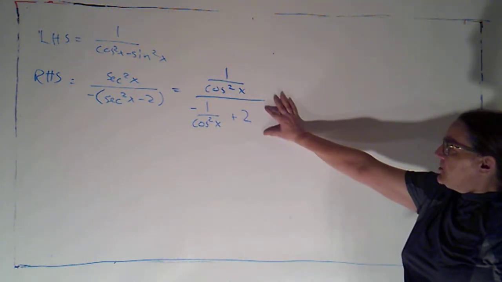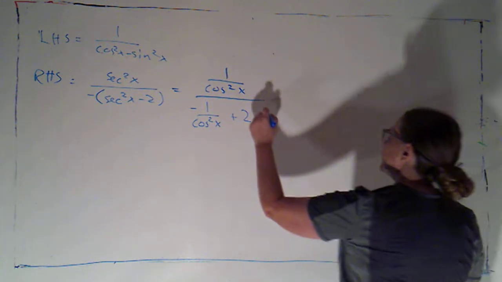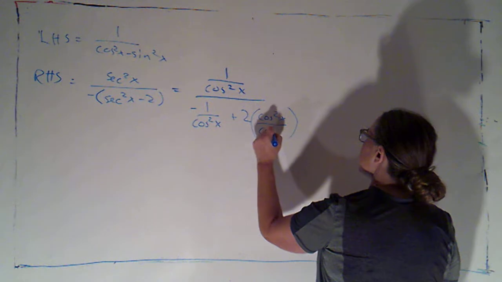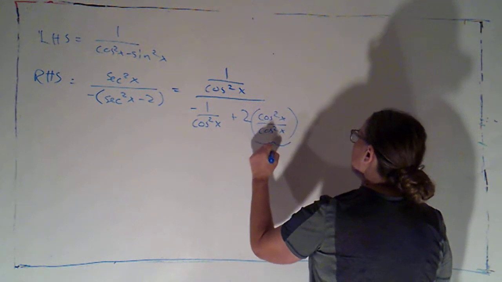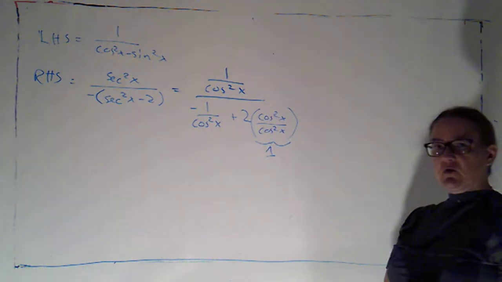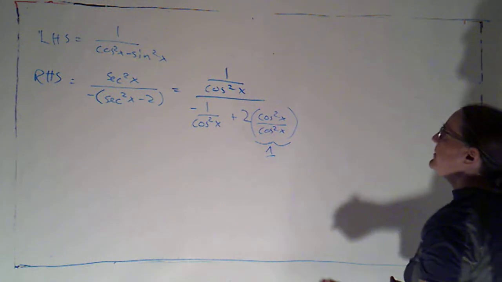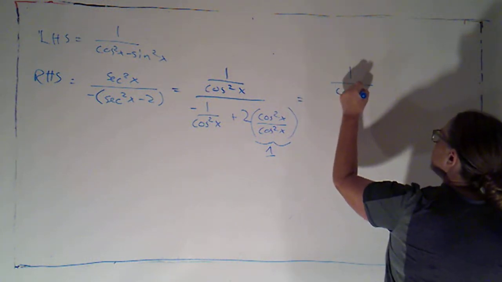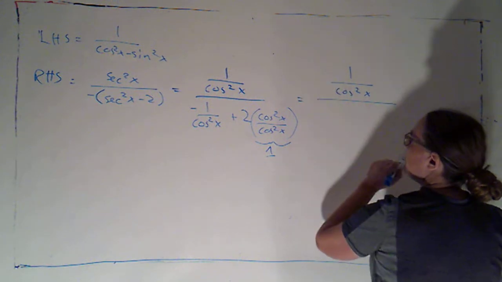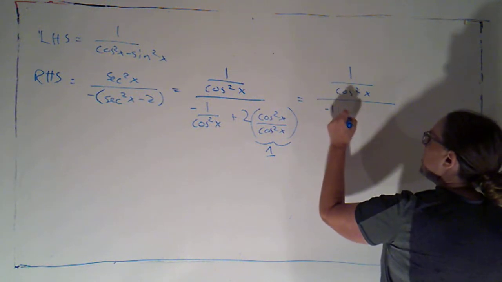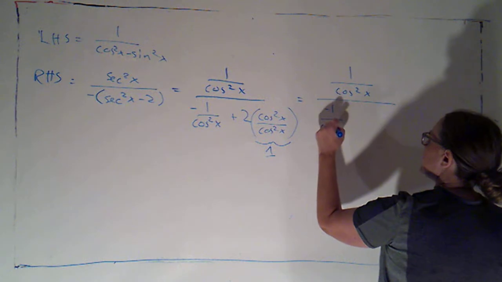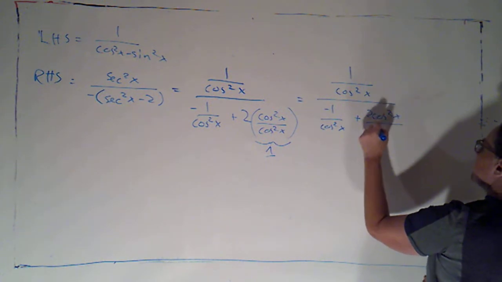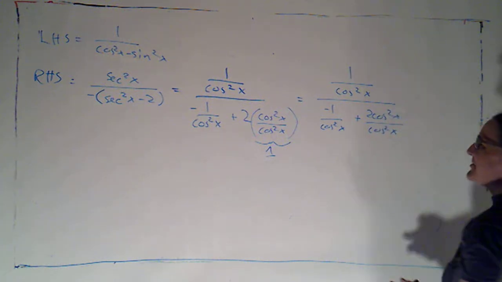And I think the bottom will be simpler if I'm able to get a common denominator. So I'm going to multiply this piece by 1 in the form of cosine squared over cosine squared. So that's 1 over cosine squared x over negative 1 over cosine squared x plus 2 cosine squared x over cosine squared x.